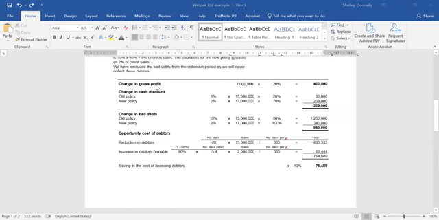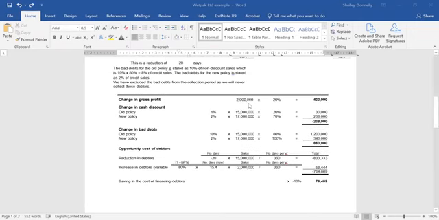So starting with the change in gross profit, that's normally a pretty easy one. They're going to sell 2 million extra units, and the gross profit percentage is 20%. So the change in gross profit will be 400,000. Remember, every time they offer a discount as part of their terms, it costs them money.